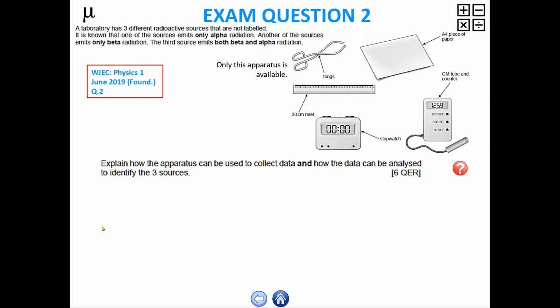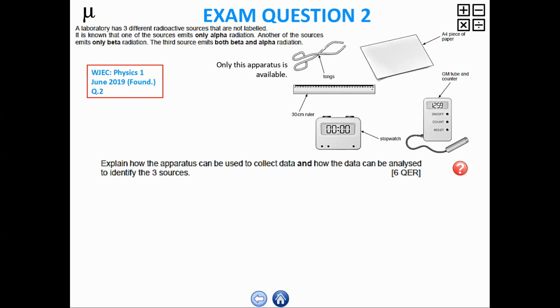So we put our source at the end of a ruler, and you are allowed to draw and rearrange these things. We would count for 30 seconds, the same amount of time each time, and we would put the source at one end of the ruler, the Geiger-Müller tube at the other end at 30 centimeters, and we would then do a count with nothing in the way.